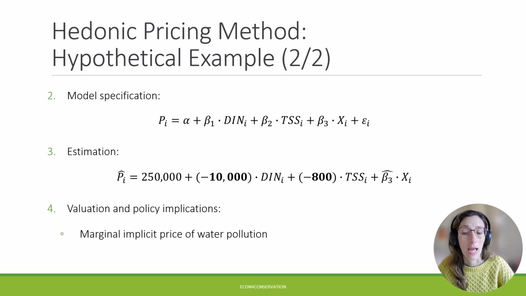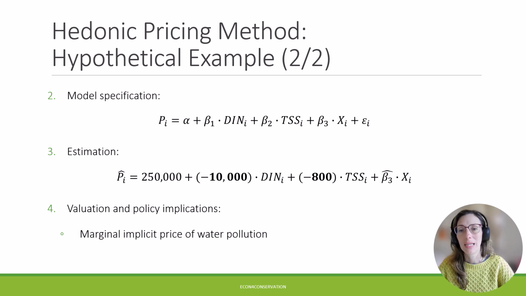The final step, step 4, is evaluation and policy implications. The coefficients on dissolved inorganic nitrogen and total suspended solids represent the marginal implicit price of water pollution, the amount by which property values decrease with increased pollution.